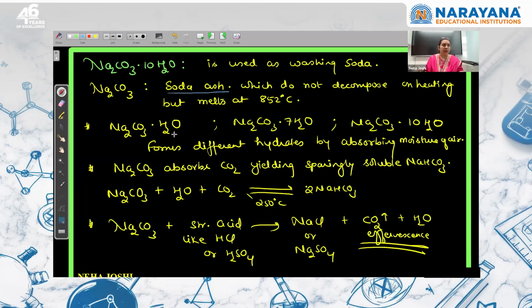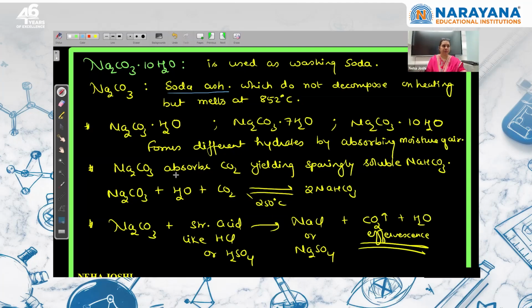It could exist as Na2CO3.H2O, .7H2O, .10H2O. These are different forms of hydrates which are possible for Na2CO3, but you will call it washing soda only when it is .10H2O.